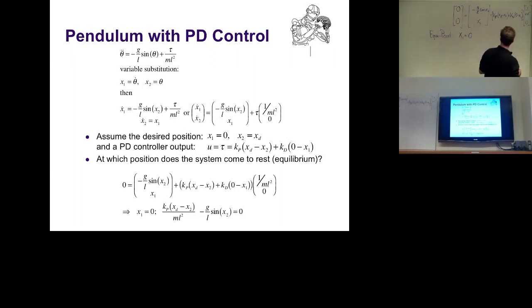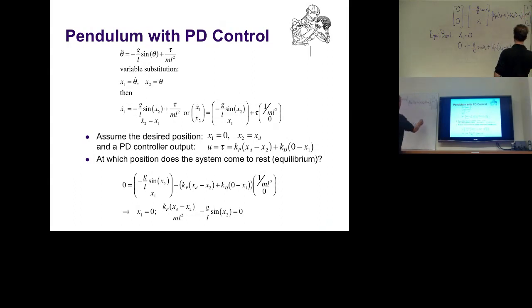Now let's write that thing out, but use our knowledge that x1 is 0 already. So we have essentially 0 equals minus g over L sine x2. That's one part. Now we have the PD controller, but we know that x1 is going to be 0. So we can actually drop that term. We just have the p term left over. So we have plus kp times x desired minus x2.